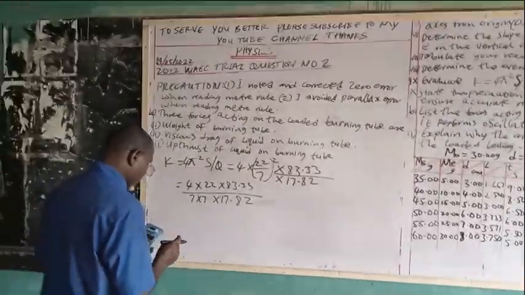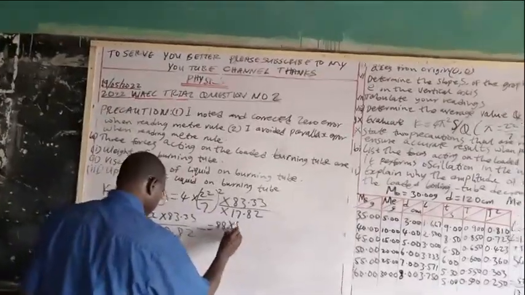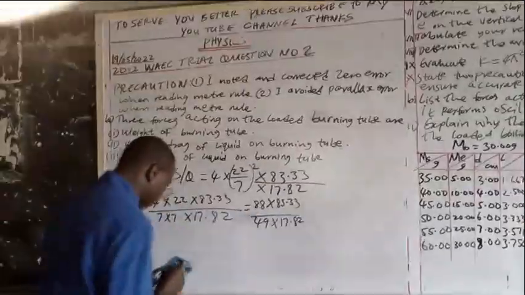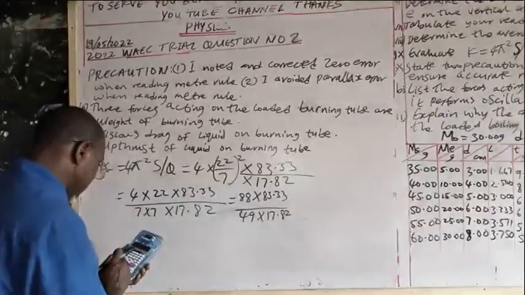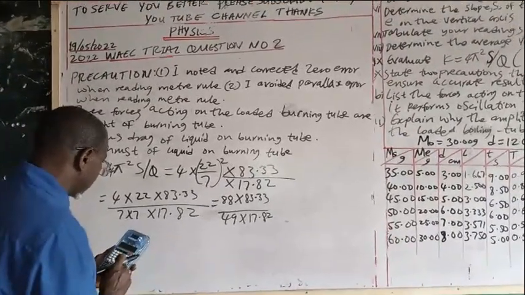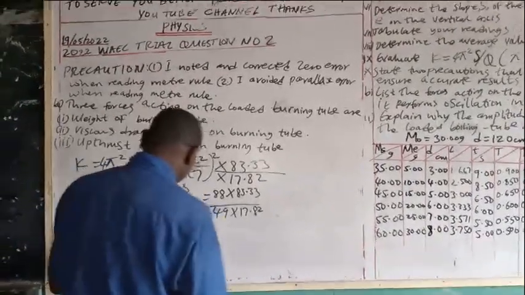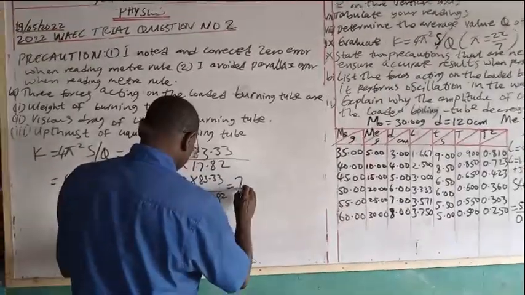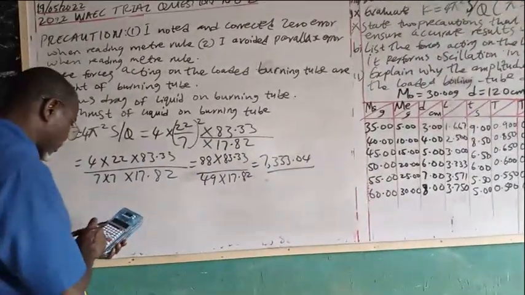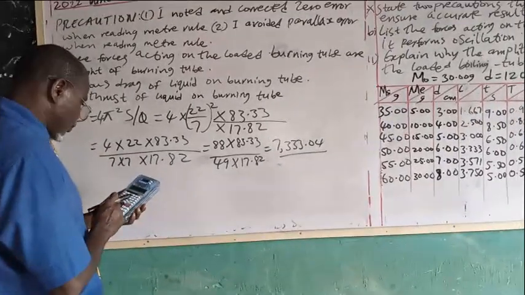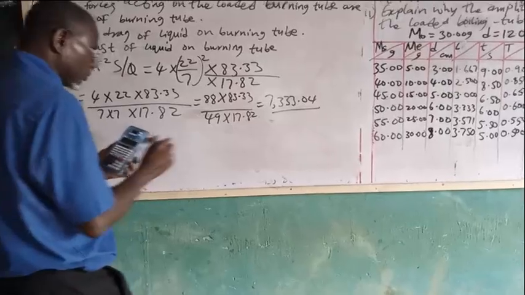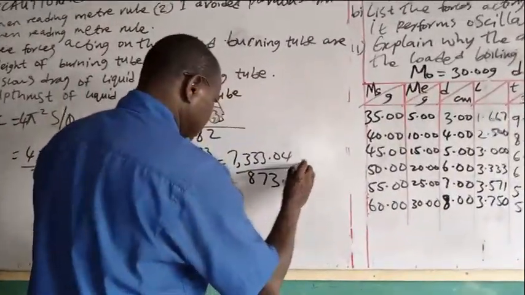So this one will give us 88 times 83.3 divided by 49 times 17.82. 88 times 83.33 is equal to 7,333.04. 49 times 17.82 is equal to 873.18.